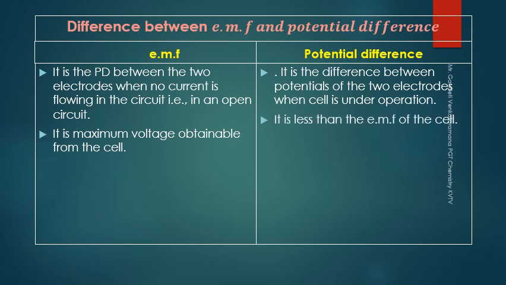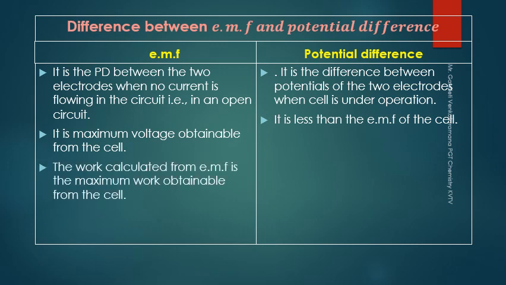Potential difference is less than the EMF of the cell. So always the potential difference of the cell, that means the closed circuit value, is less than the EMF of the cell. The work calculated from EMF is the maximum work obtainable from the cell.